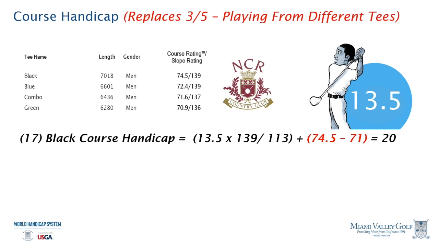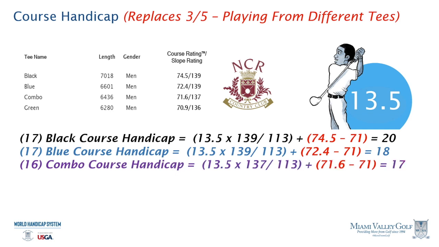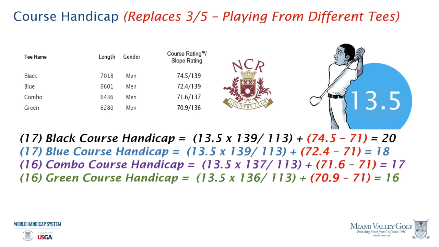All right, so this is the day-to-day number that you're going to play with in 2020, whereas right now it's 17. And as we follow it through, you can see the blue course handicap doesn't change, but it's 2 shots less now in the World Handicap System.